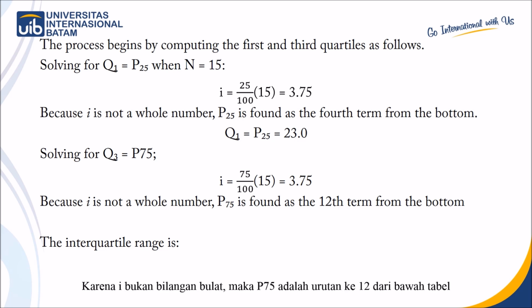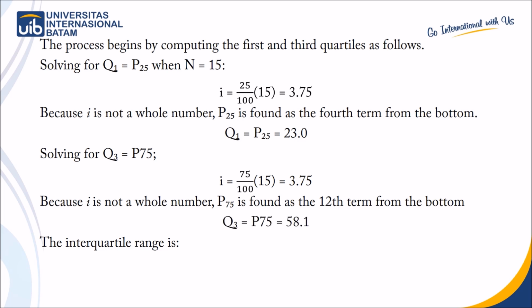Because i is not a whole number, P75 is found as the 12th term from the bottom. Q3 equals P75 equals 58.1. So the third quartile is 58.1. The interquartile range is Q3 minus Q1 equals 58.1 minus 23 equals 35.1 in billions.